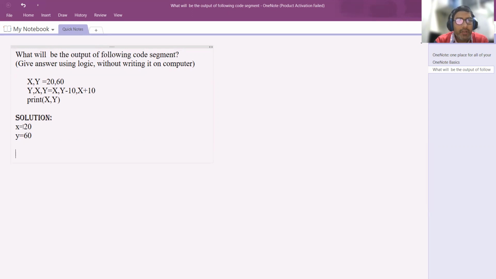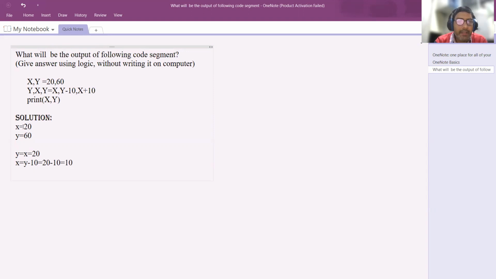So y is equal to x, and x is 20. Now x is equal to y minus 10, so it will be 20 minus 10, so 10.